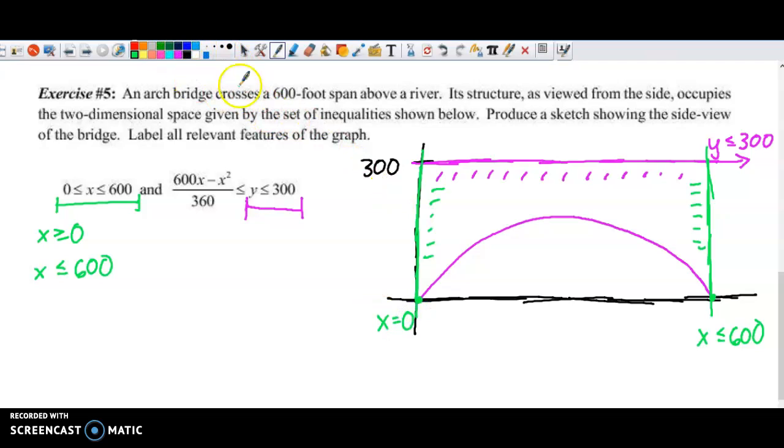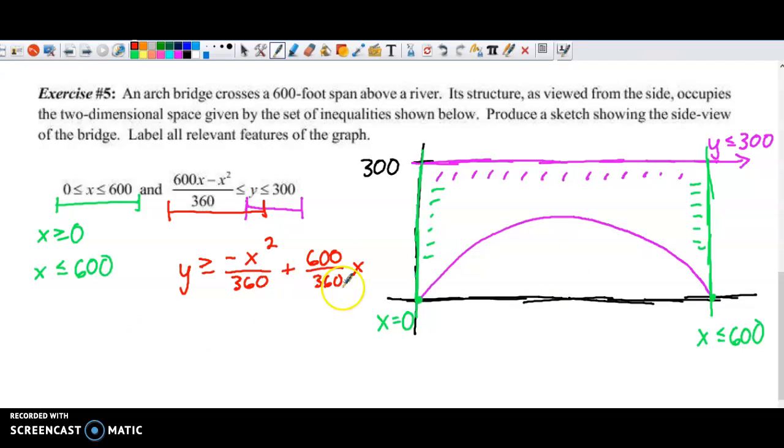So the only thing left to do, and I kind of ruined the answer for you already, and I don't know if that upsets you, but this other piece of y is greater than or equal to, because it's written as less than, so if I flip it around, I would actually rewrite it as negative x squared over 360, and then plus 600 over 360x.